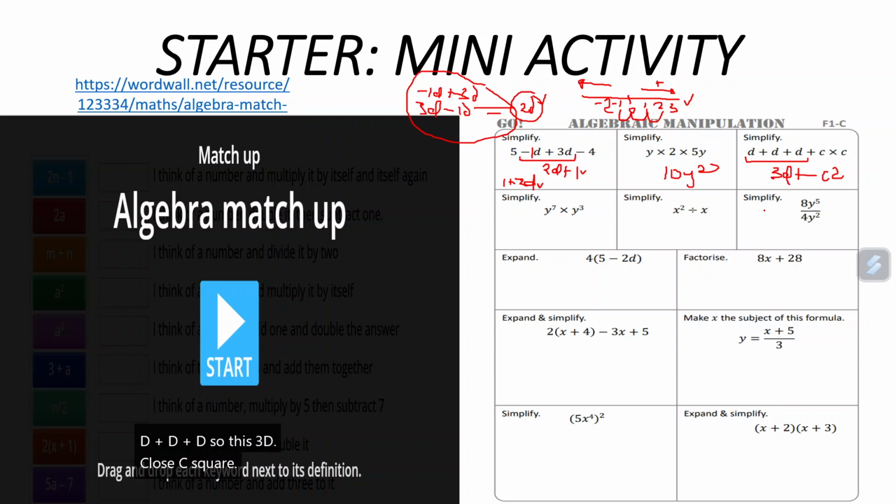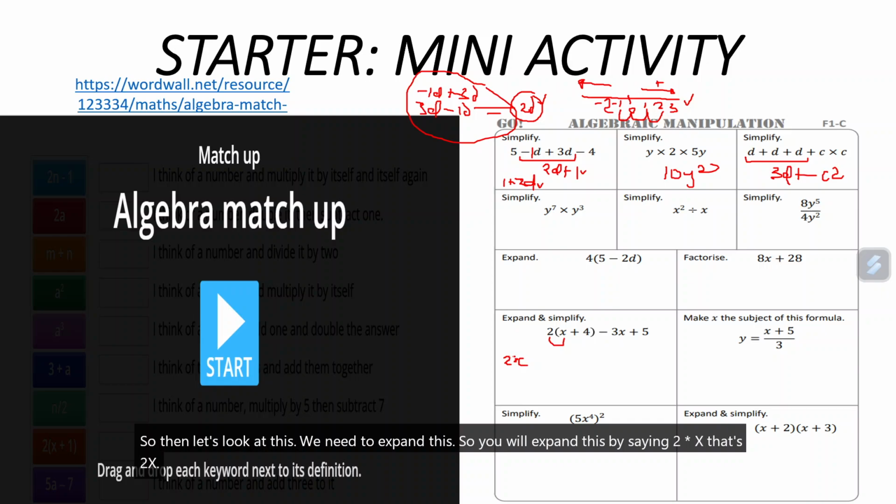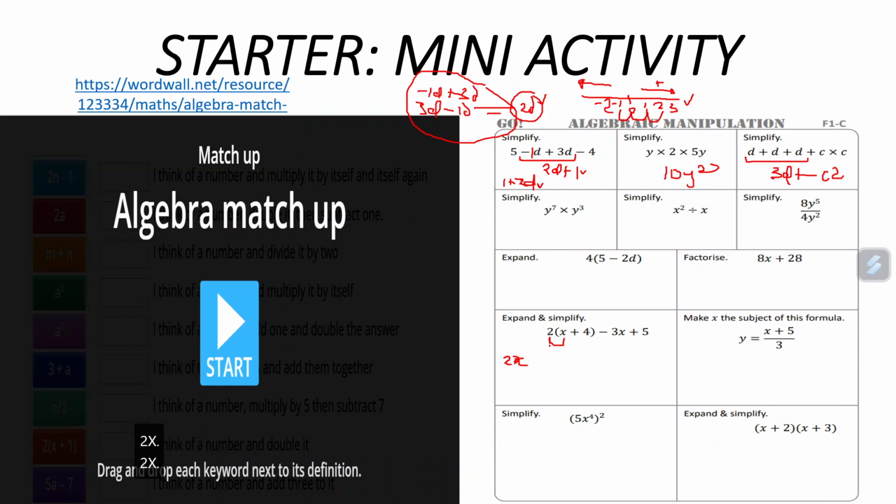So let me try another difficult question. We need to expand this. You expand it by saying 2 times x, that's 2x, then 2 times plus 4.